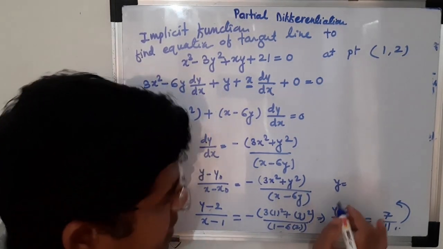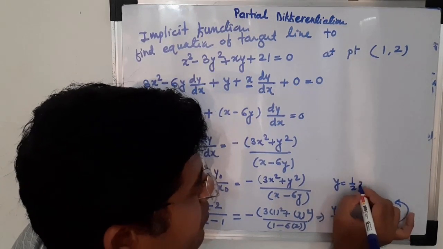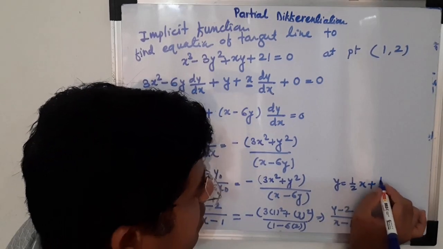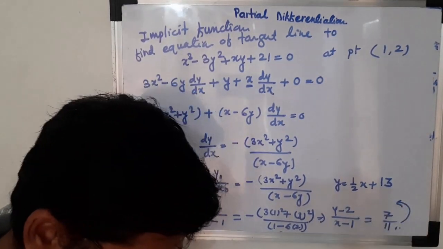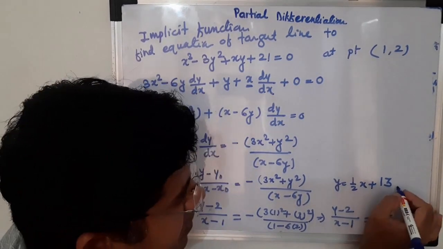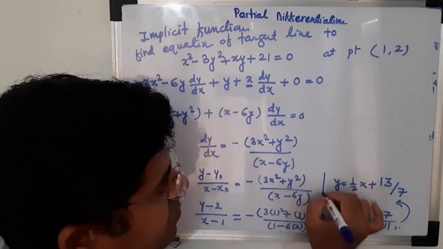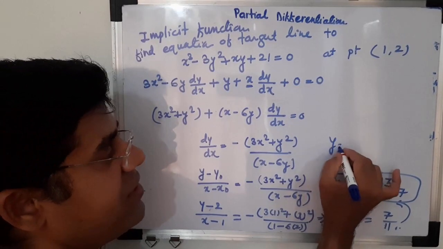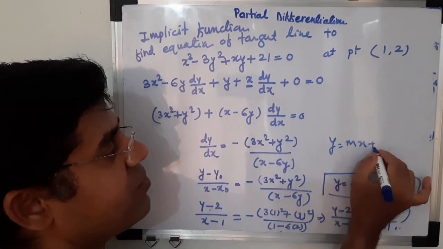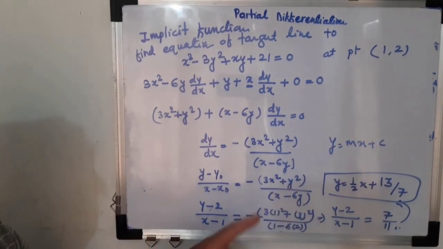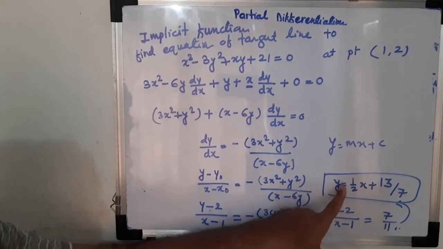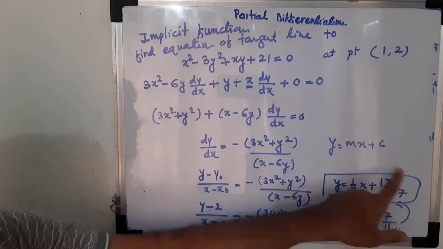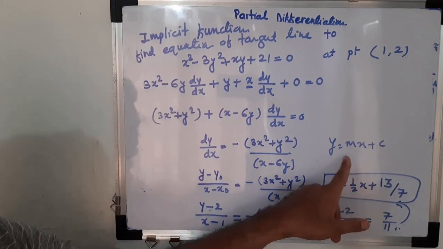So finally you will get the equation 1/2 times x plus 13 divided by 7. This is y is equal to mx plus c. You can check. So y is equal to 1/2 times x plus 13 divided by 7. So this is the equation of your line.